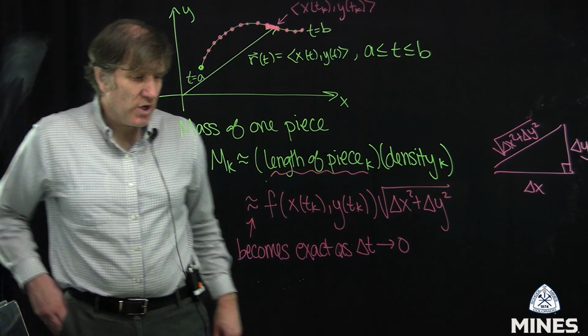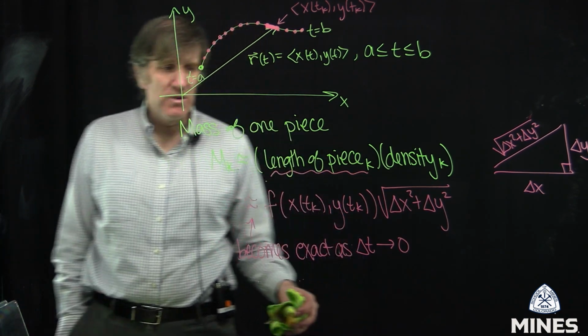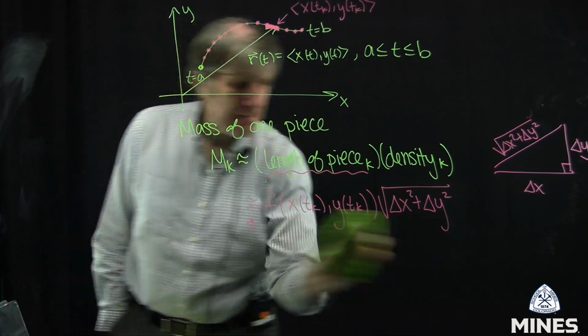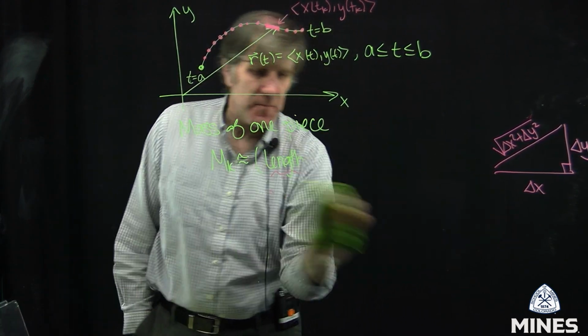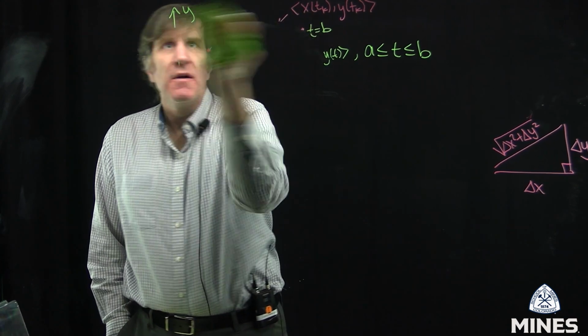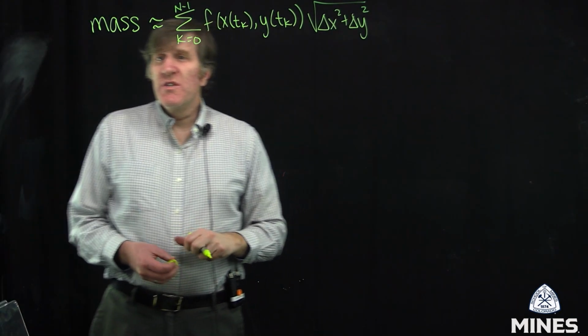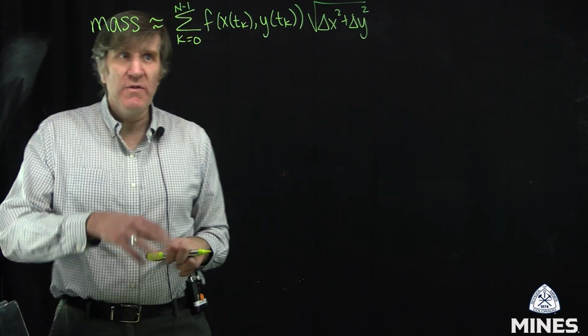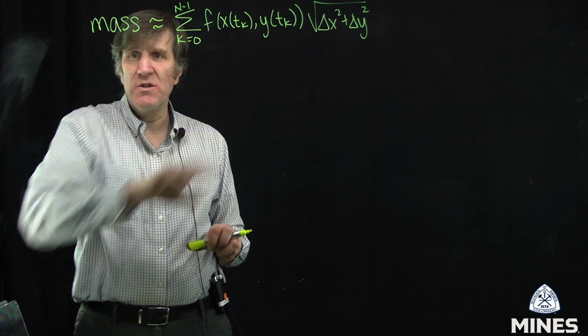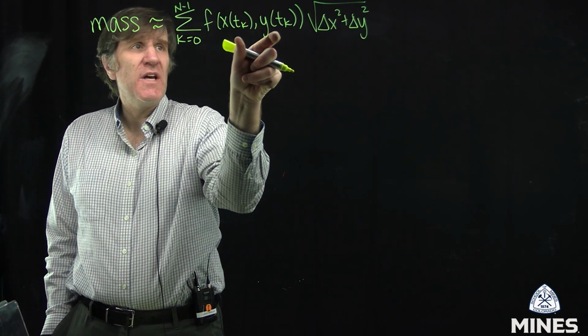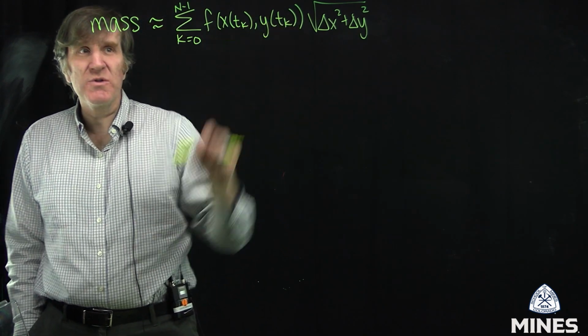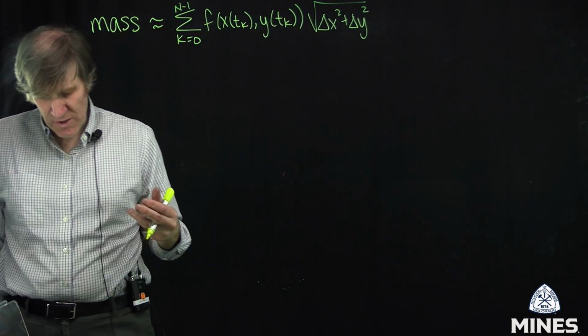So there's a little bit of work now, and we will have the line integral. All right, so this is our approximate total mass. We've added up the approximation of the density times the length for each one of those little segments, and that gives us an approximate total mass.